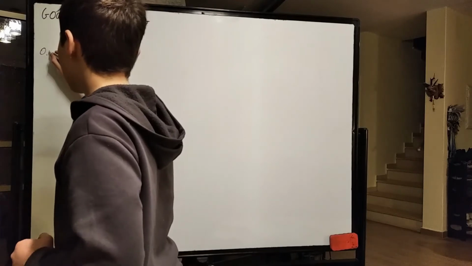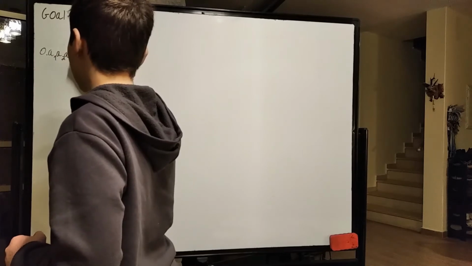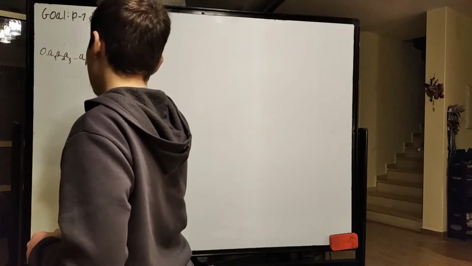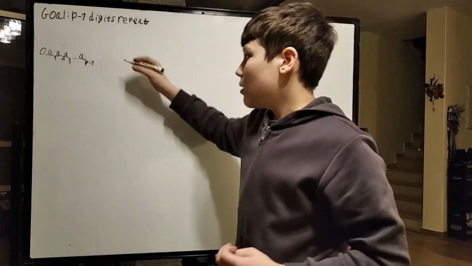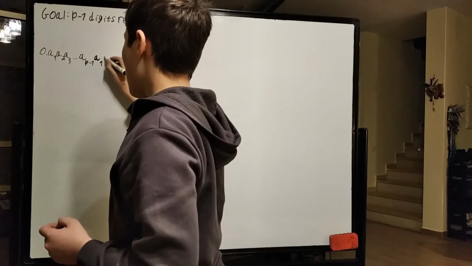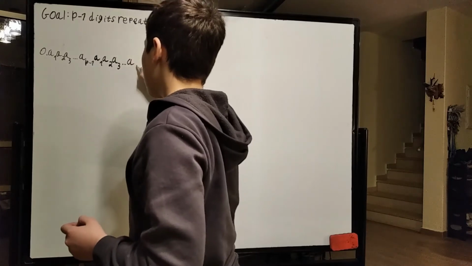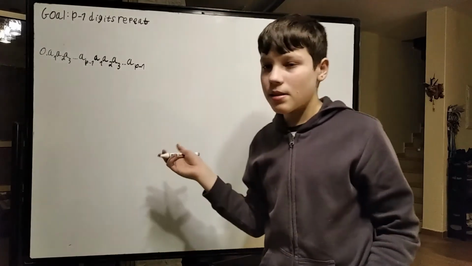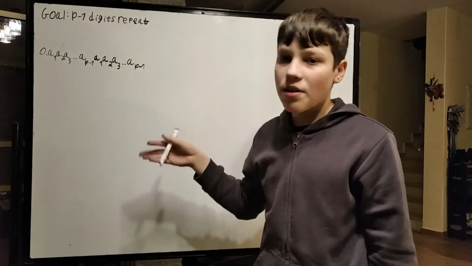So we will have 0.a1, a2, a3, and so on until a(p minus 1), where all of these a's are digits. But then we again have a1, a2, a3, and so on until a(p minus 1), because this amount of digits repeats. And this continues on forever. This will repeat for the third time, fourth time, and so on.